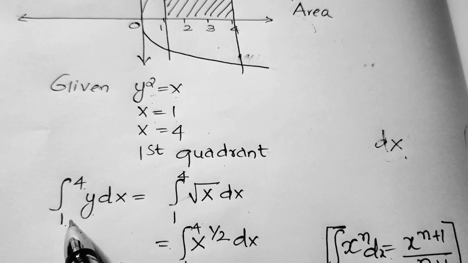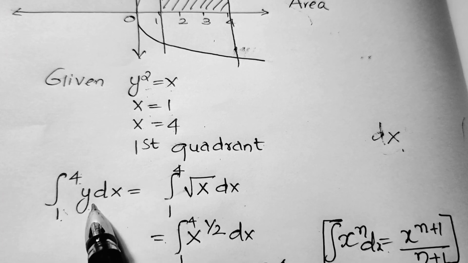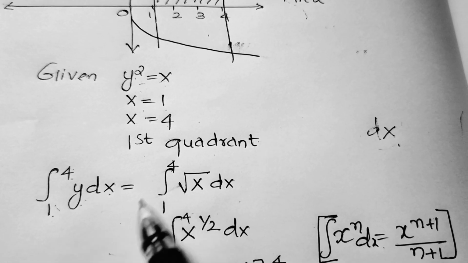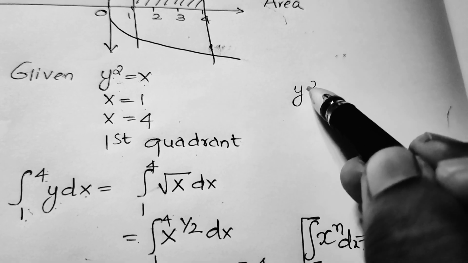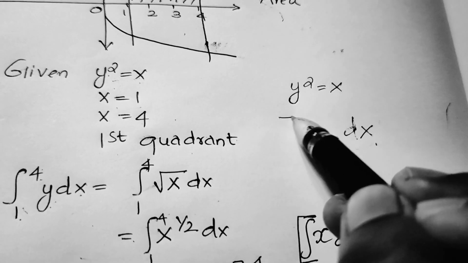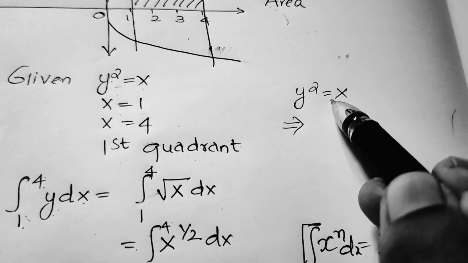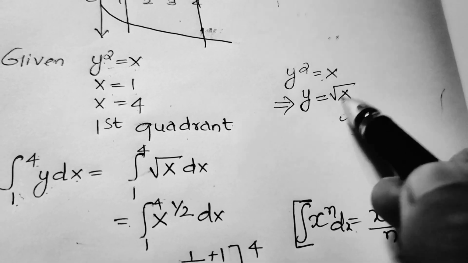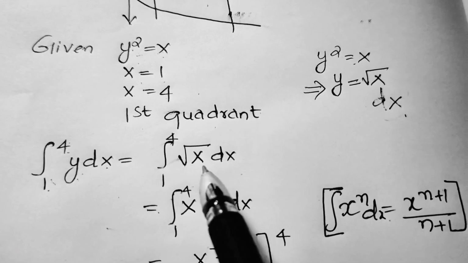So integral 1 to 4 y dx. So from y square is equal to x, if we take the square root on both sides, we get y is equal to root x. So instead of y, we can write root x.